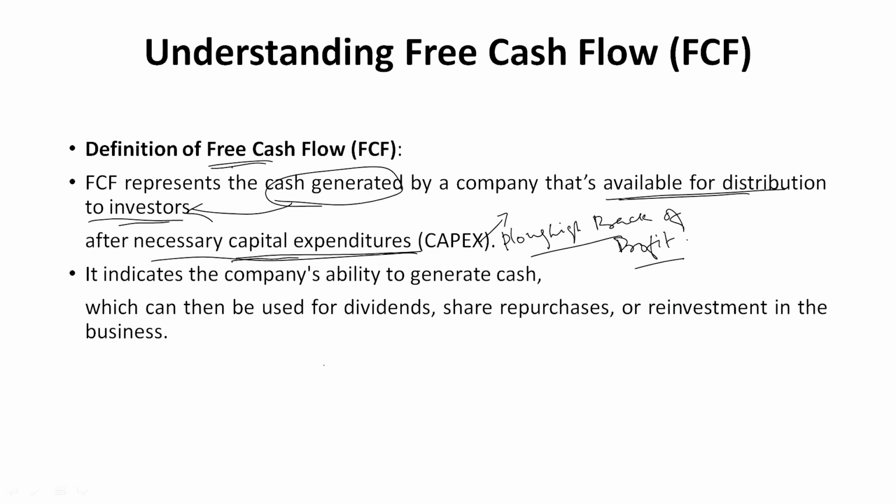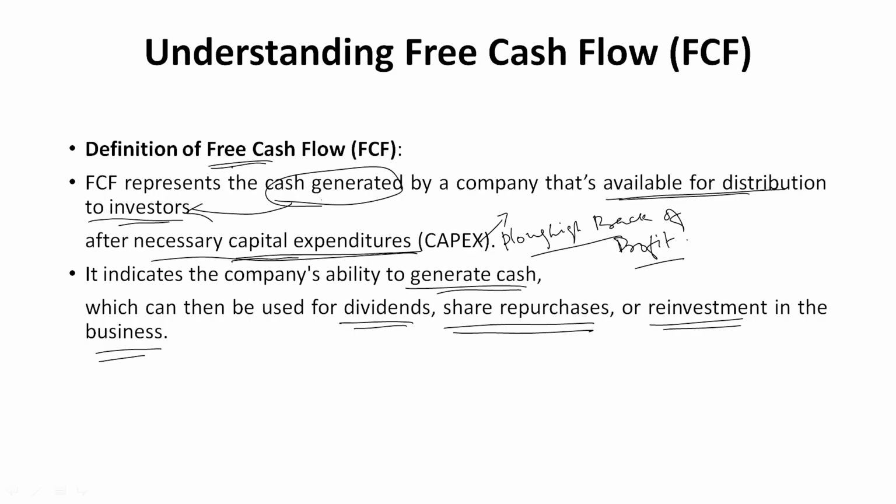And this indicates the company's ability to generate cash, which can be used either for paying dividends, or for repurchase of shares, or reinvestment in business. So these are the three purposes for which it can be used.